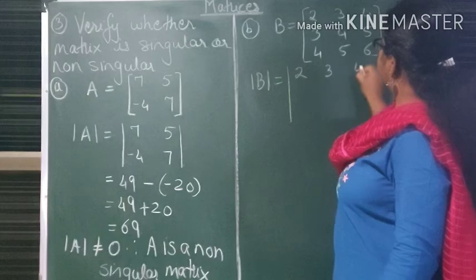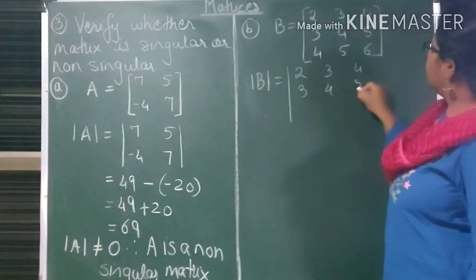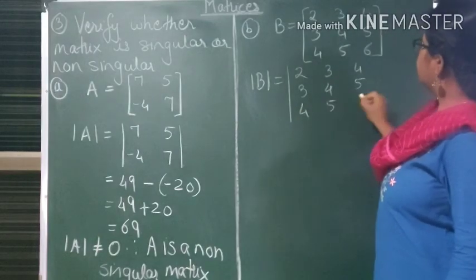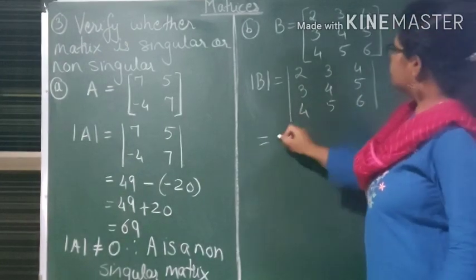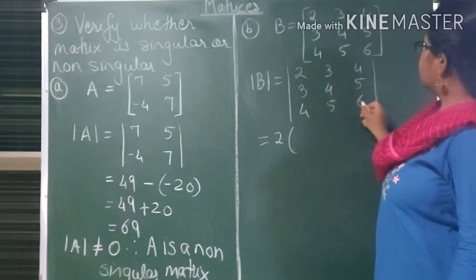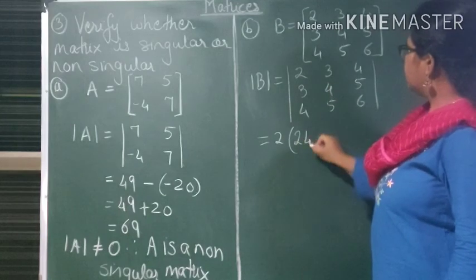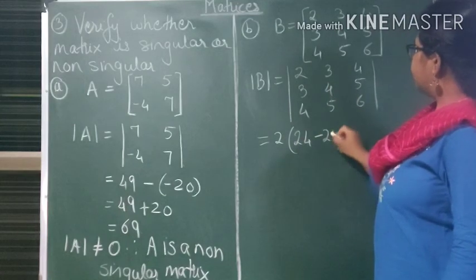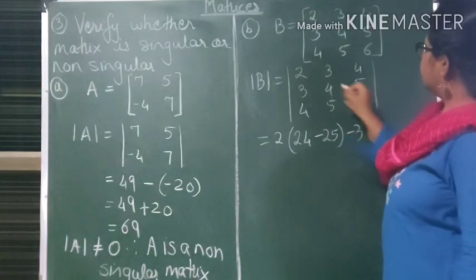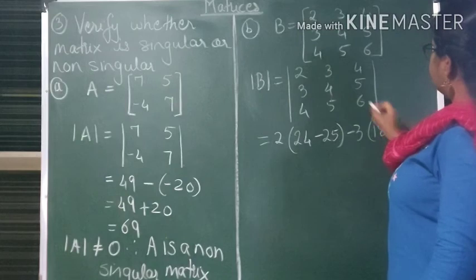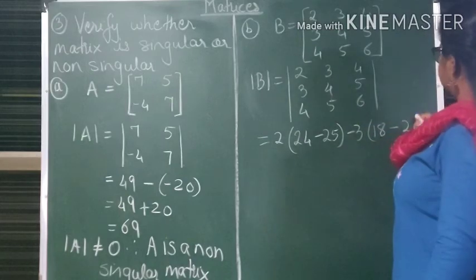2, 3, 4, 3, 4, 5, 4, 5, 6. Yes. How do we solve an order 3 determinant? First value 2 into 4 6 is 24, 5 5 is 25. Second term is negative, minus 3 into 3 6 is 18, minus 5 4 is 20.